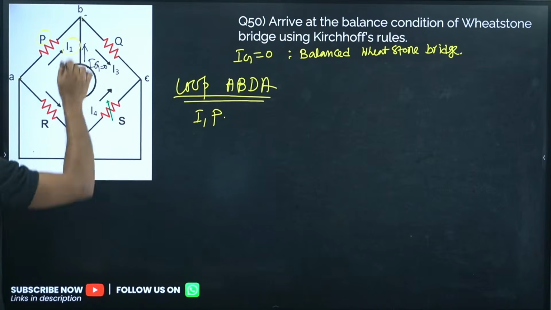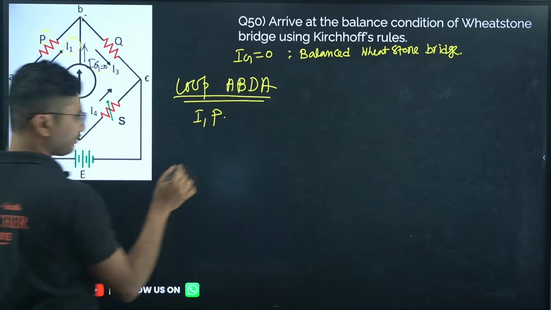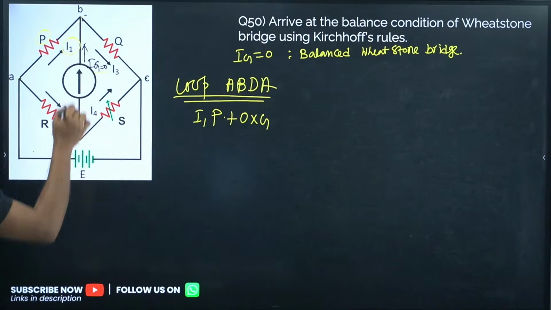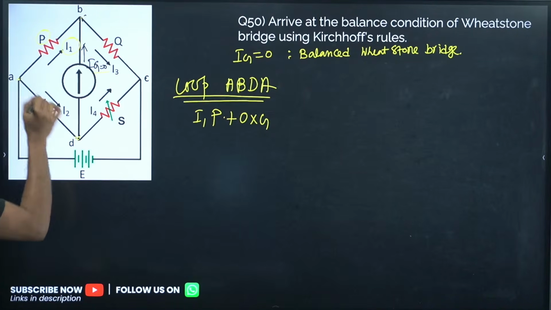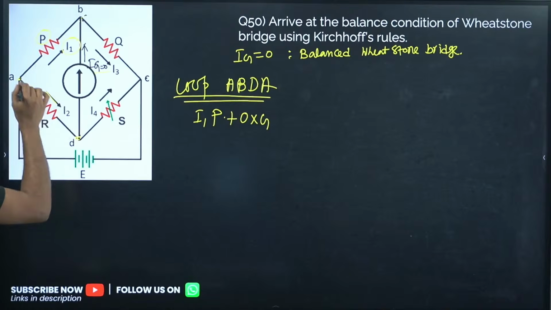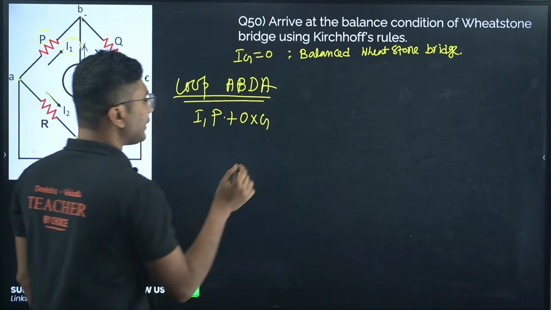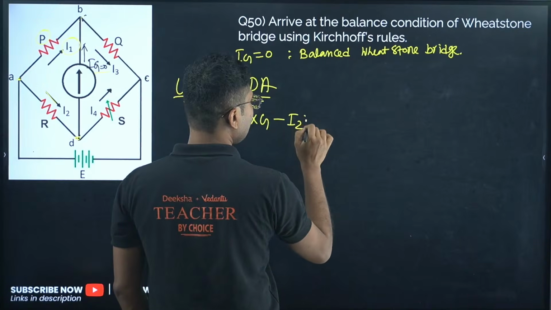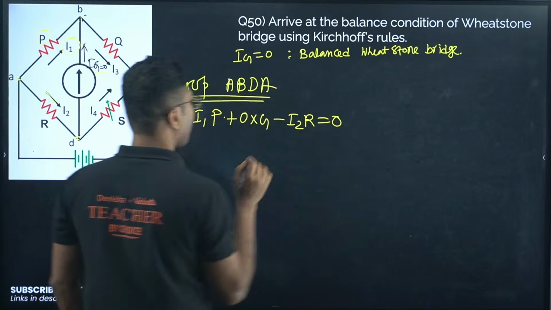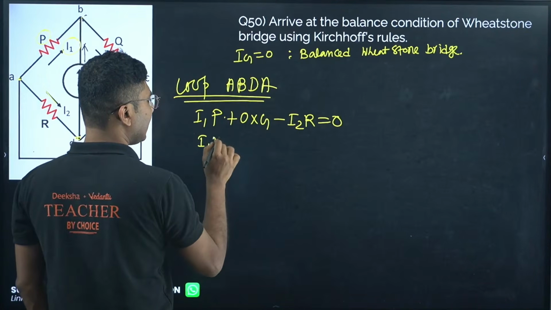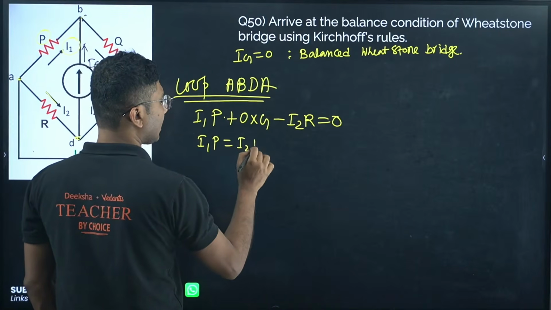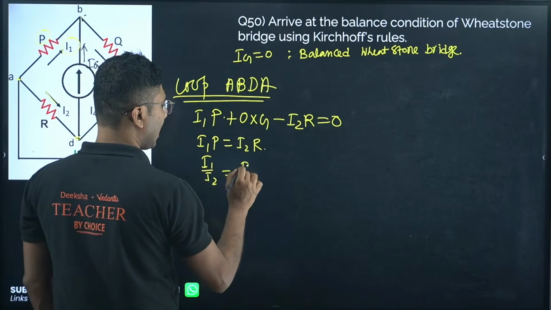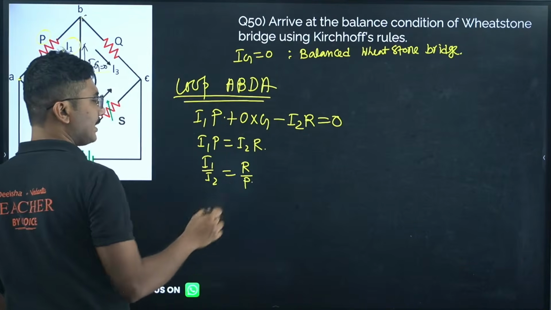When you are going from B to D, IG is 0, so 0 into G. And when we are going from D to A to close the loop, we are going against the direction of current, which means it will be minus, so minus I2 into R equals 0. So we get I1P equals I2R, or I1 by I2 equals R by P. This is my equation number 1.